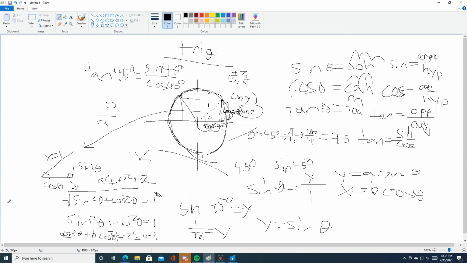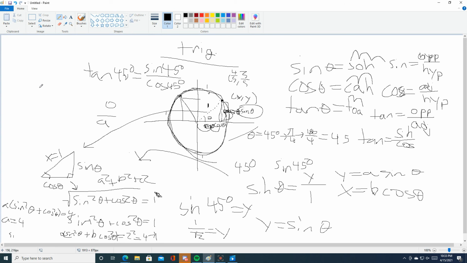So you get a times sine squared theta plus cosine squared theta is equal to 4. And that proves that a is 4 in this case. So for any angle here, they're going to be equal to the exact same thing. So where does this come into play down the line?